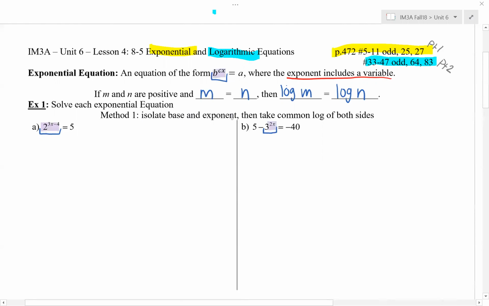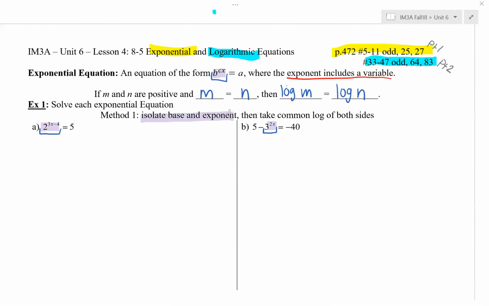And so that would just be doing regular inverse operations like adding, subtracting, multiplying, dividing. Once we have that, we're going to take the common log of both sides and use our calculators to get our answers.